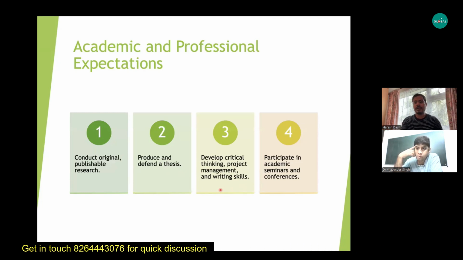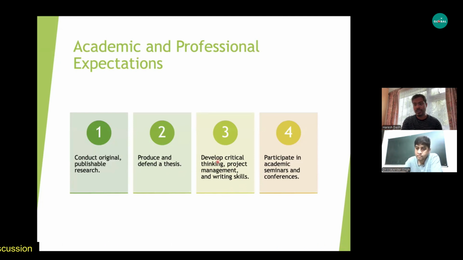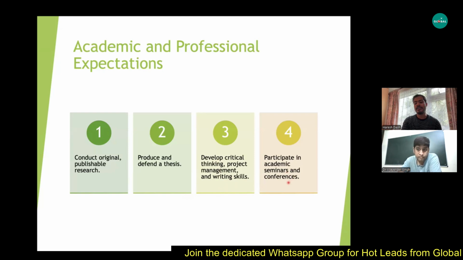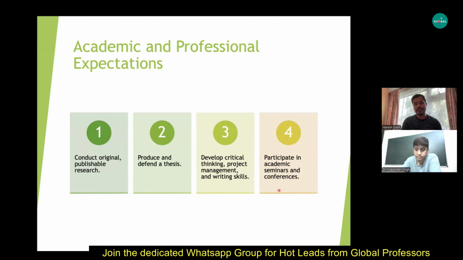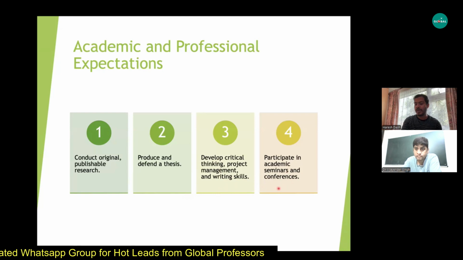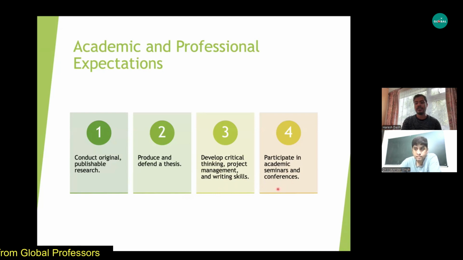It is a domain in environment, and for that you need to write a lot of reports, and for that you need writing skills. So this can improve your writing skills, and you participate in academic seminars and conferences. Good news is that they will pay for it. They will fund your travel to other countries, and then you can attend the conferences and seminars.